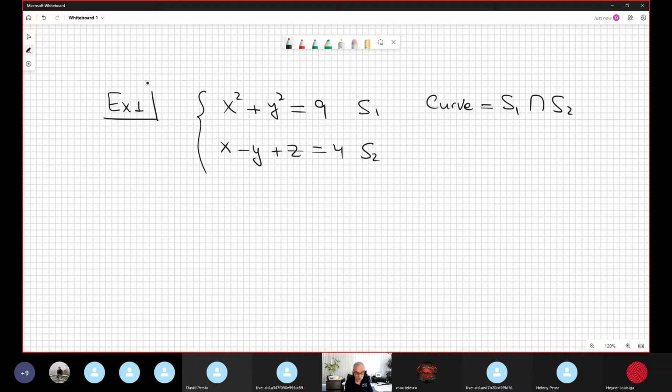I promise that you will see this in GeoGebra in a few minutes. Its last name is circular cylinder. Circular cylinder is the name of this surface.